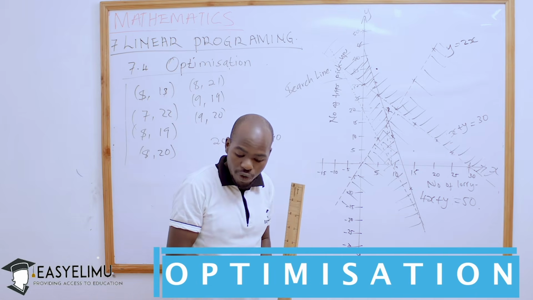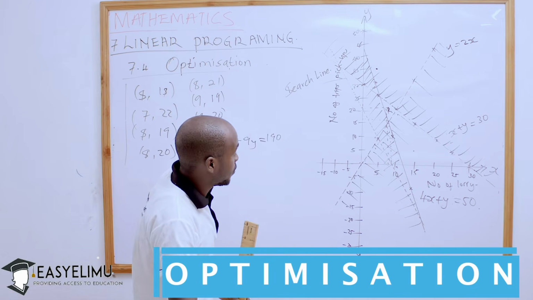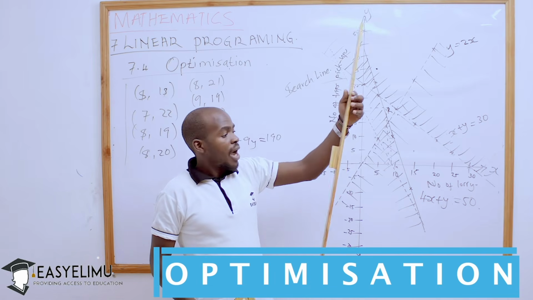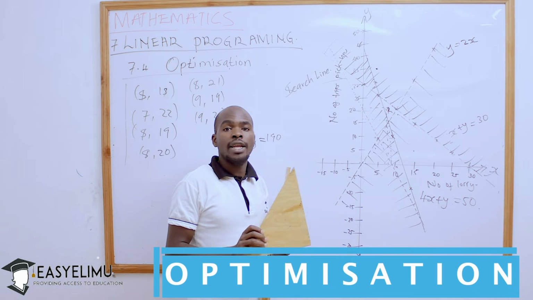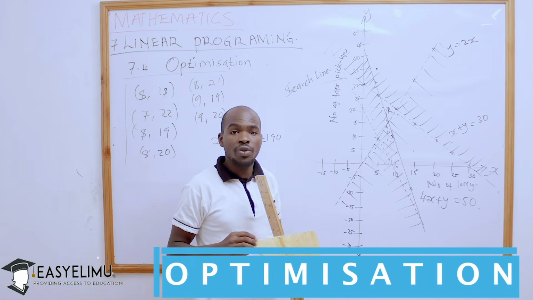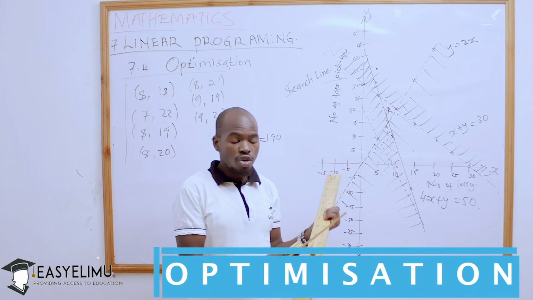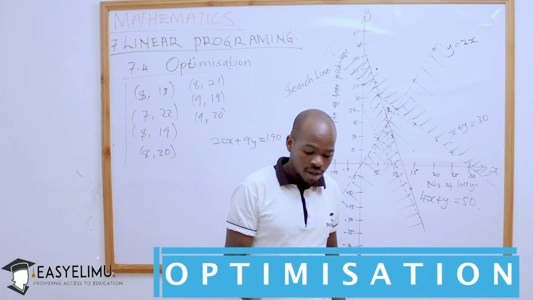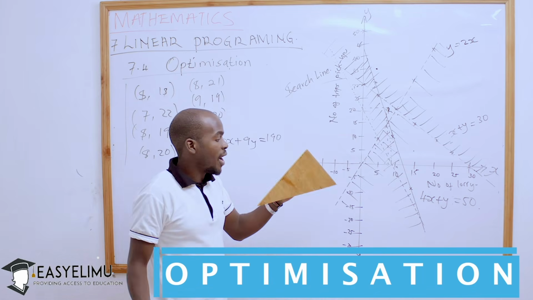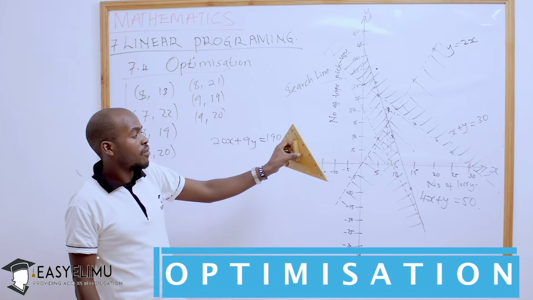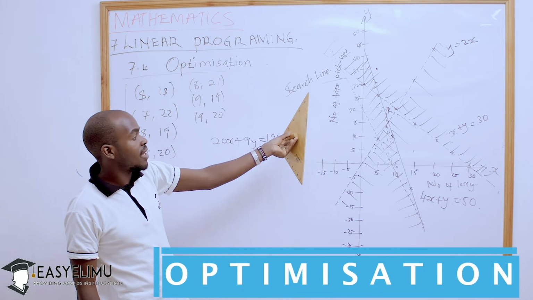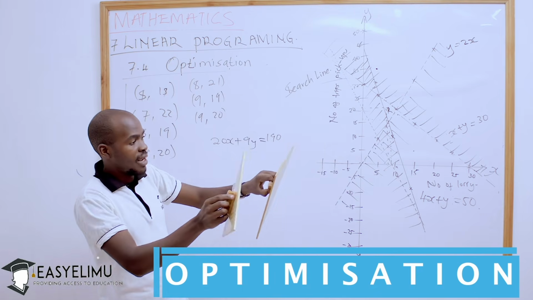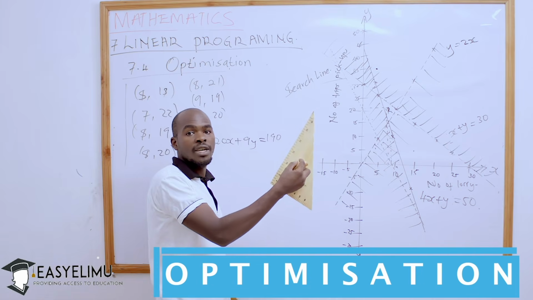Let me guide you on how you may use it. Using a ruler and a set square, this is what we refer to as a set square. So you will need a geometrical set. You will require a set square of 60 degrees, 30 degrees like this, but normally they are 90, or that of 45 degrees like this.